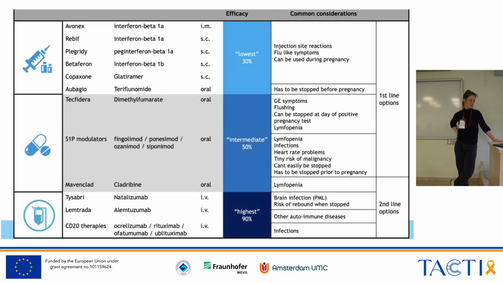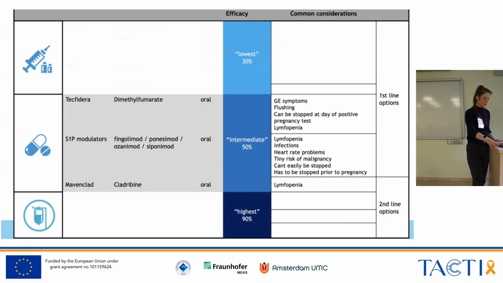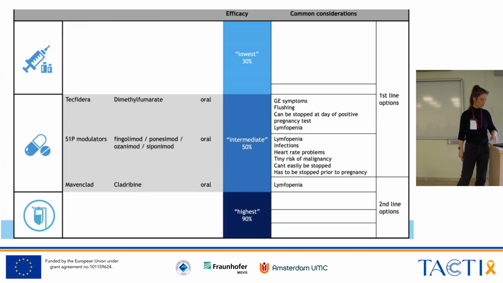So that leaves you with the option of the medications that you can continue, or at least that shouldn't be stopped before pregnancy. But still, if we look at the first line options and the second line options, we will skip the second line options here. We also skip the injections, but that is basically what we do. And sometimes you stick to what you do anyway without any arguments anymore.